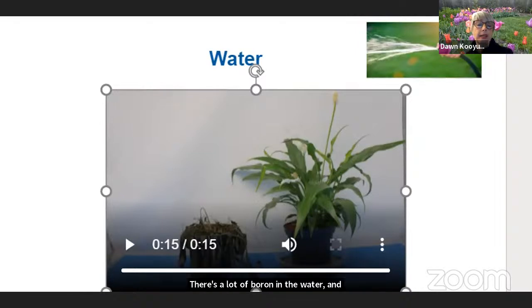Another thing to remember again is that these plants are coming from subtropical areas, tropical areas where it's kind of a nice warmish temperature. And the plants are best watered with tepid water. You don't want to put freezing cold water on your plants.